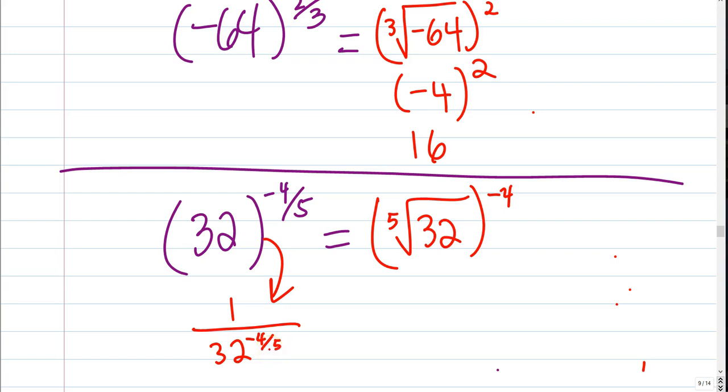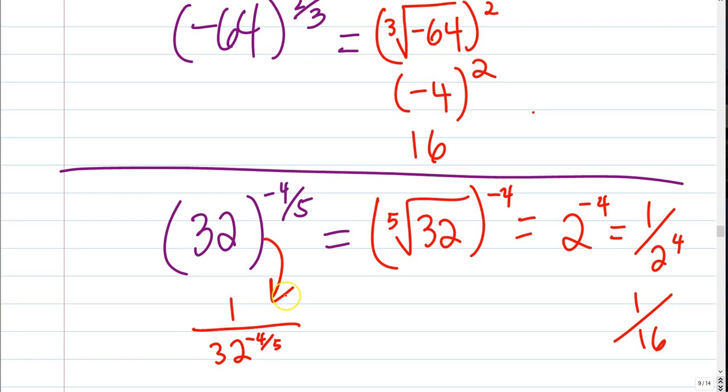It will not change the answer. I'm going to go ahead and do it this way, just because that's kind of the way I'm thinking of doing it now. The fifth root of 32 is 2. 2 to the negative 4th is what? 1 over 2 to the 4th, 1 over 16.